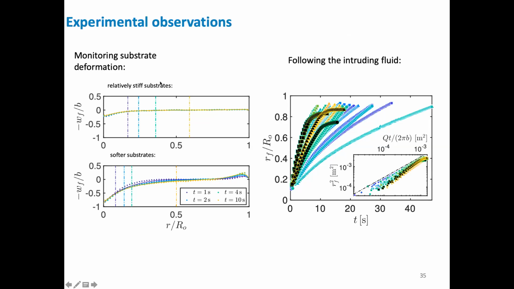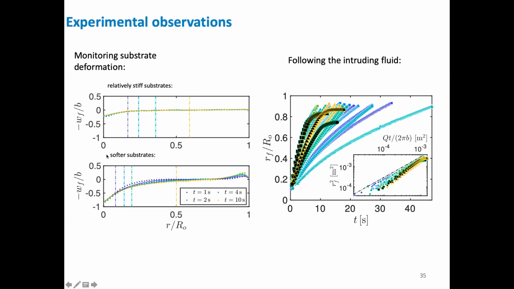So let's start by monitoring the substrate deformation. We're looking here at the substrate deformation versus the position, or how far you are in a cross-section of the Hele-Shaw cell. Substrate deformations are shown with these lines, and all the vertical lines are positions of where the intruding fluid is at all times in the experiment.